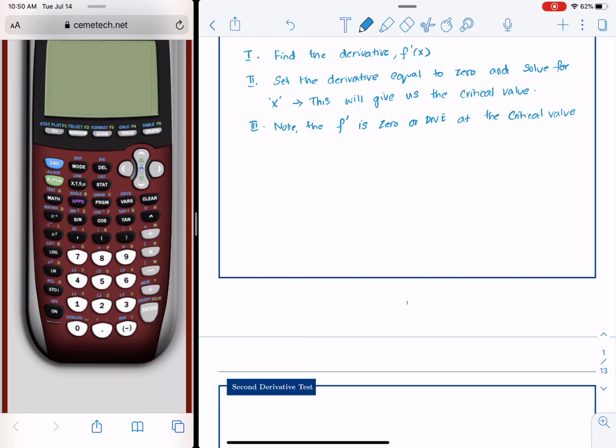In other words, the slope of that tangent line is 0. So once we find a critical value, pick test points on either side of the critical value.